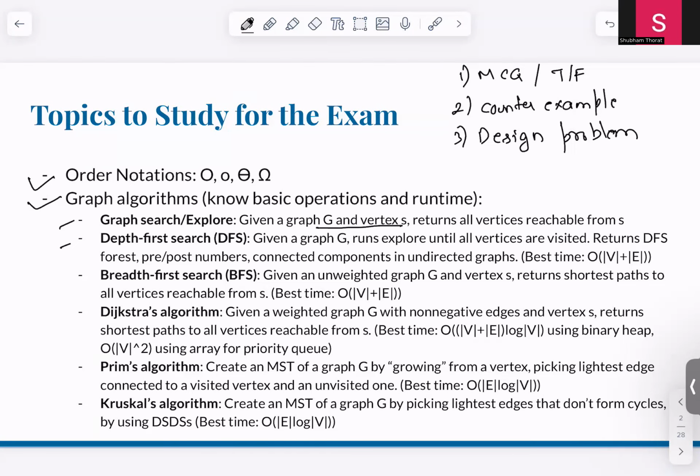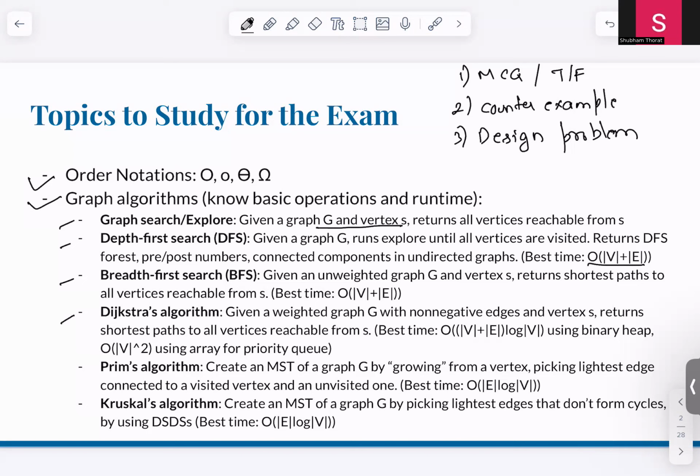The runtime for DFS is big O of V plus E. In breadth first search, we are given an unweighted graph G and a starting vertex S, and it returns the shortest path to all the reachable vertices. The runtime for that is also O of V plus E. In BFS, we use a queue-like structure, so it travels layer by layer, and that's why we are able to get the distances in that algorithm.